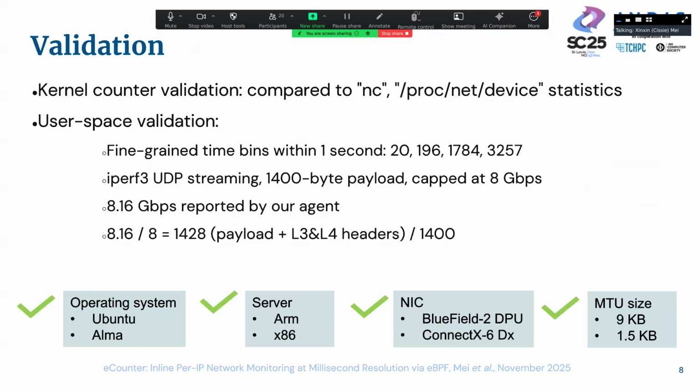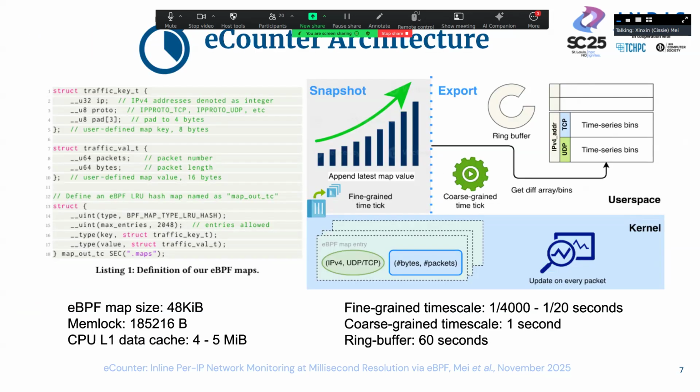The map type here, BPF_MAP, is the eBPF map structure I'm using. The size is 48 kilobytes, and when I attach that hook, I receive a message about the memory lock size. In comparison, this is the CPU L1 size aggregated over all cores, compared to that map size.